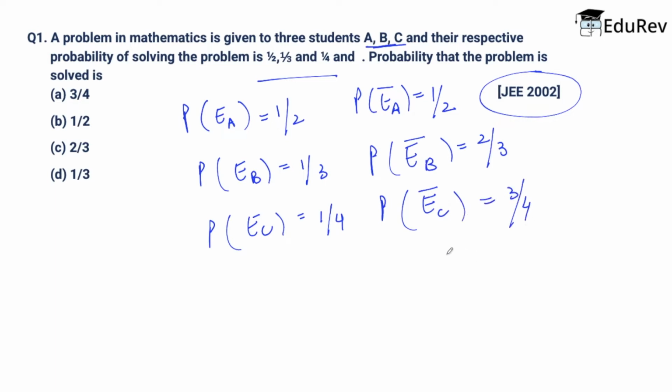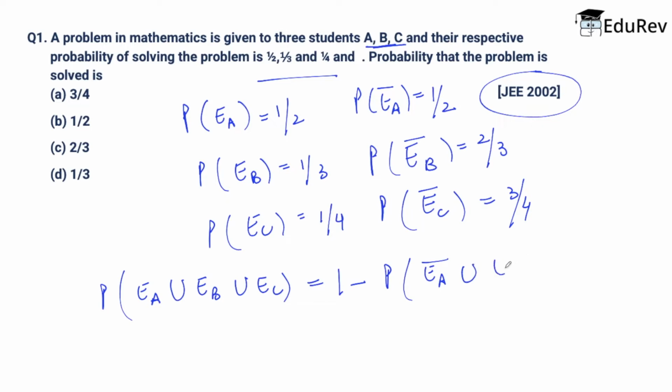3 by 4. Now we know that the probability that A has solved the question union B has solved the question union C has solved the question is equal to 1 minus the probability that A hasn't solved the question union B hasn't solved the question, into... just a second.